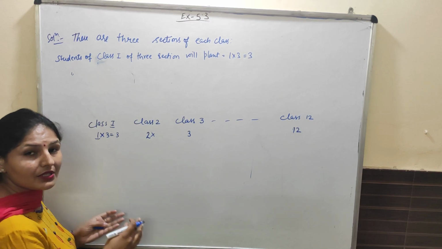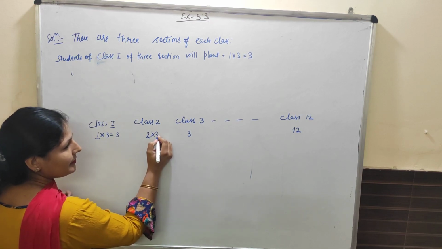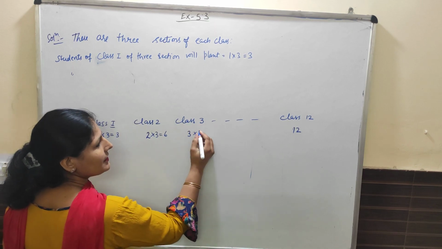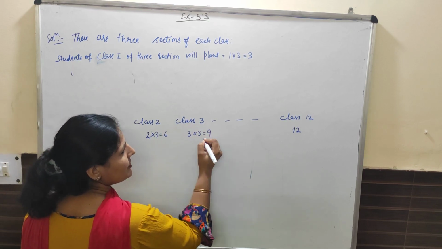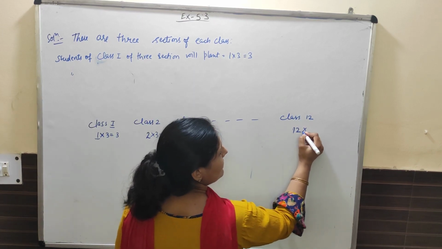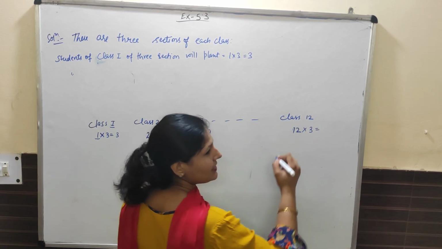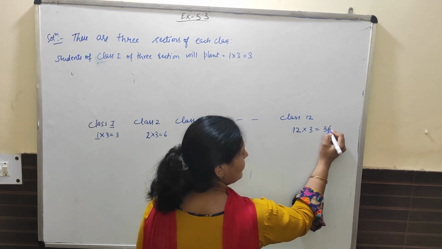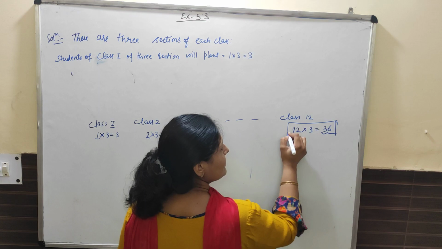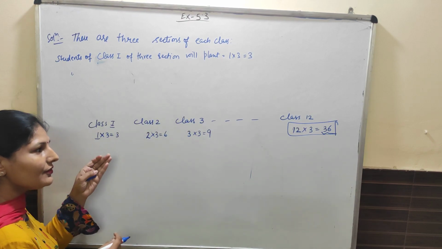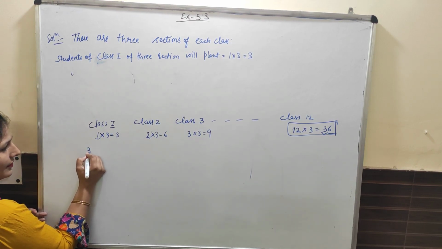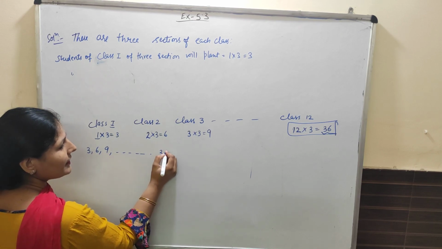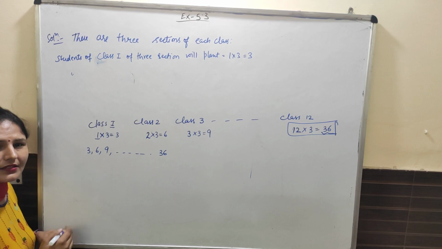Class 2 also has 3 sections, so they will plant 6 trees. Class 3 has 3 sections, so they will plant 9 trees. And class 12 students also have 3 sections, so the number of trees planted by them will be 36. Is it clear? They form an AP: 3, 6, 9 and up to 36. Is it clear to you?